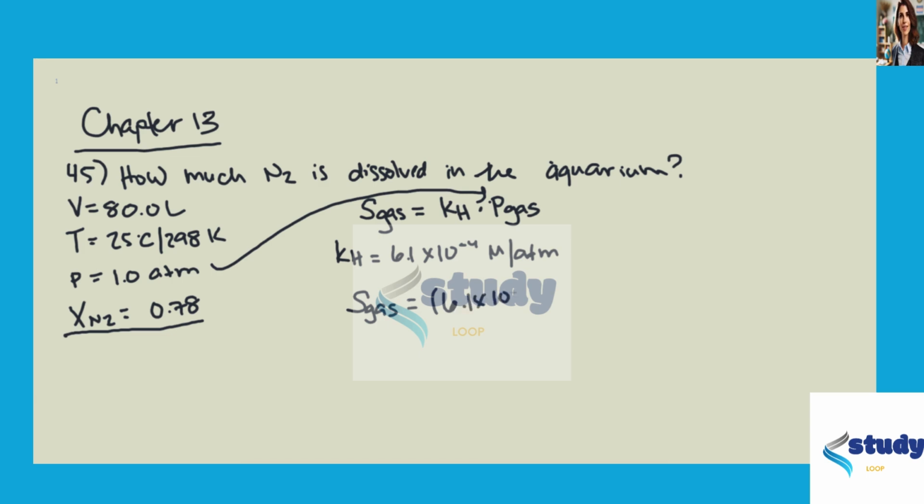So 6.1 times 10 to the negative fourth molar per atmosphere times 1 atmosphere total, multiplied by the mole fraction of nitrogen, which gives you the partial pressure of nitrogen in this case, gives you 4.76 times 10 to the negative fourth molar, or moles per liter.